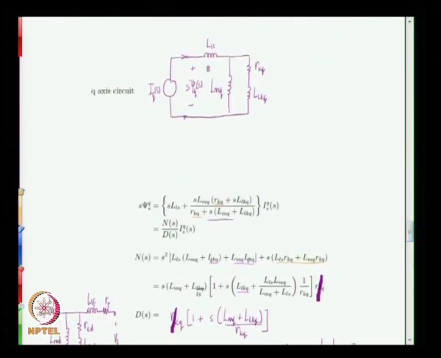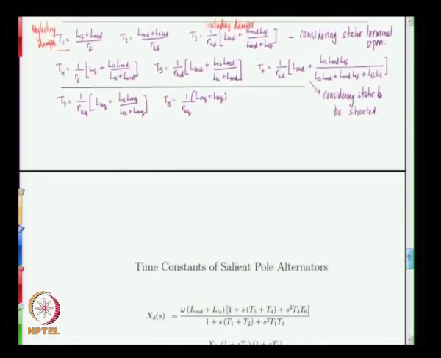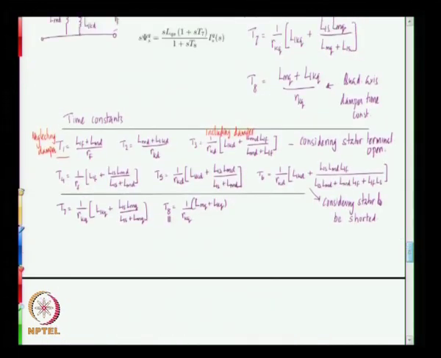If you short, this inductance is in parallel with this, therefore the net inductance is the product of these two divided by the sum of these two, and that inductance comes in series with LLQ, and therefore you have these two terms here.